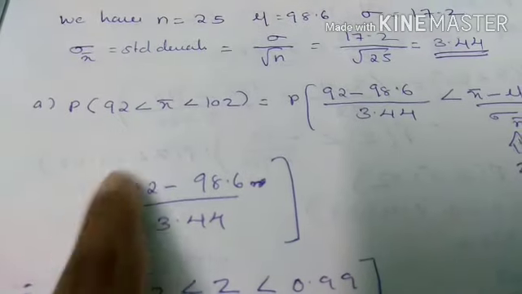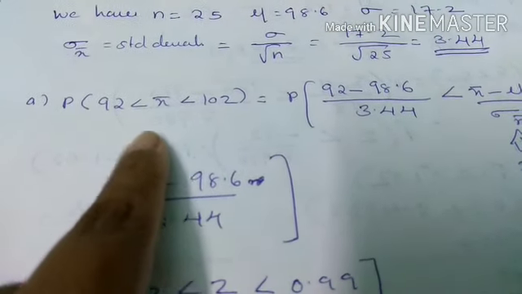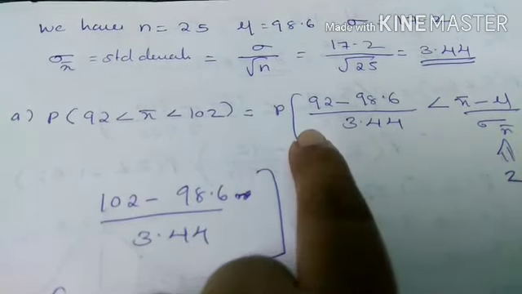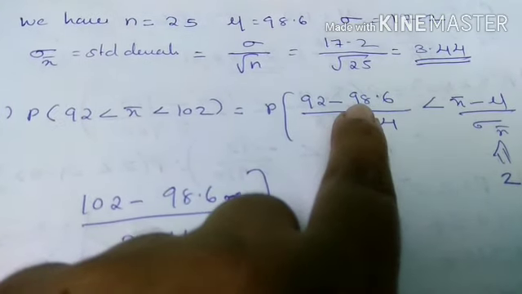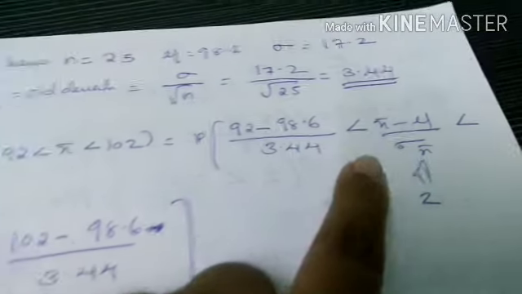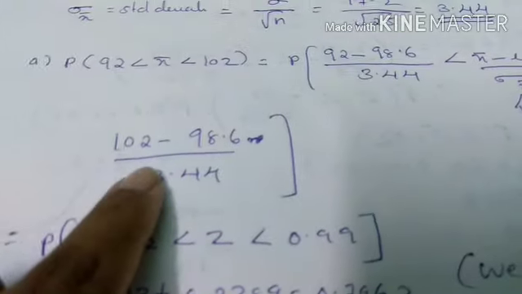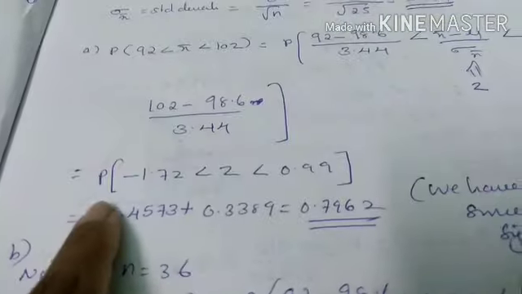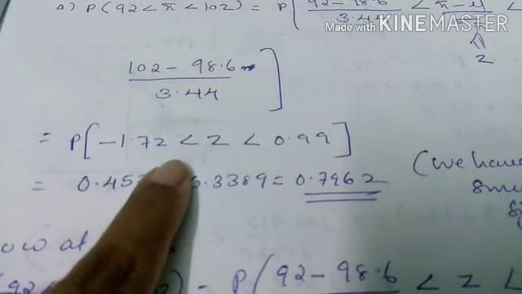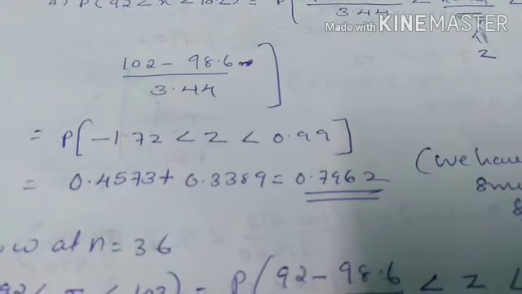So we have to find P of 92 less than x bar less than 102. Here we can write it as (92 minus 98.6) by 3.44 less than z less than (102 minus 98.6) by 3.44. This we can write as P of minus 1.72 less than z less than 0.99.